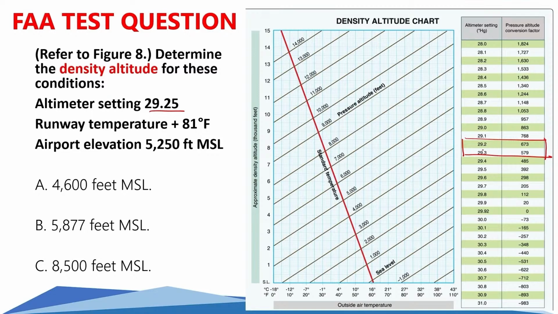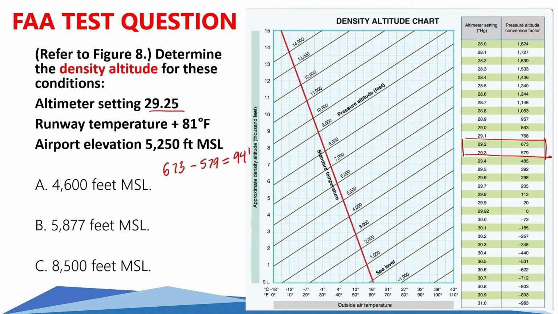So very simply, first thing I'm going to do is I found 29.2, which is 673 feet, and 29.3, which is 579 feet. Okay. So I will figure out what the difference is between those values. I'm going to take 673 and subtract 579, and that is going to give me 94 feet. Okay, so it's a 94-foot difference between those two numbers.